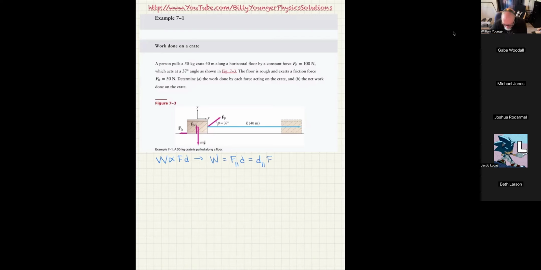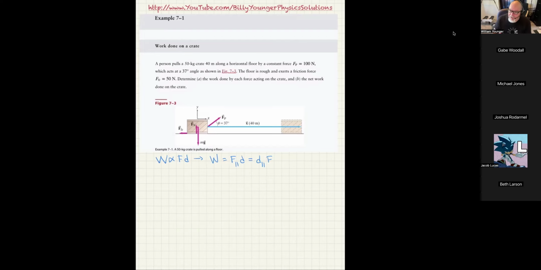In other words, you'd take the displacement vector, which points from where you started to where you stopped, and if you took a component of that that happens to be parallel to the force and multiplied that by the whole force, you'd get the right answer for the work. So the more advanced version is not work equals FD, but work is equal to F parallel times D, or work is equal to D parallel times F.